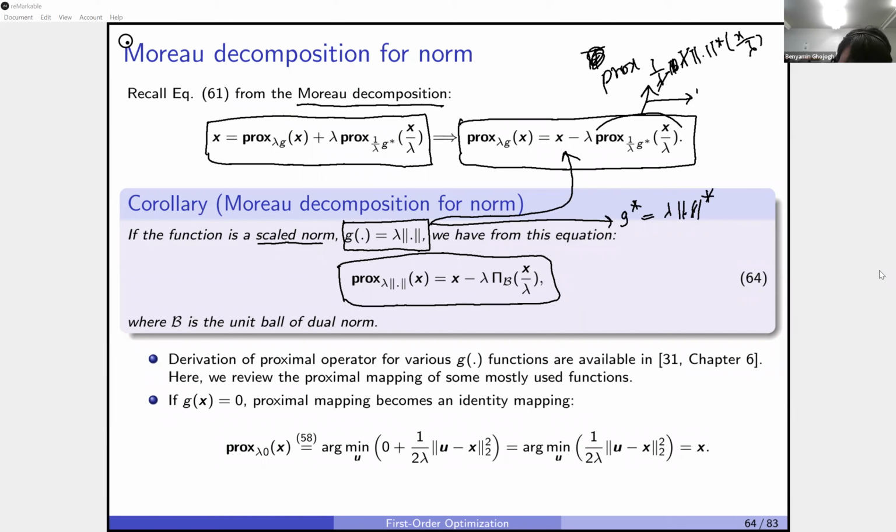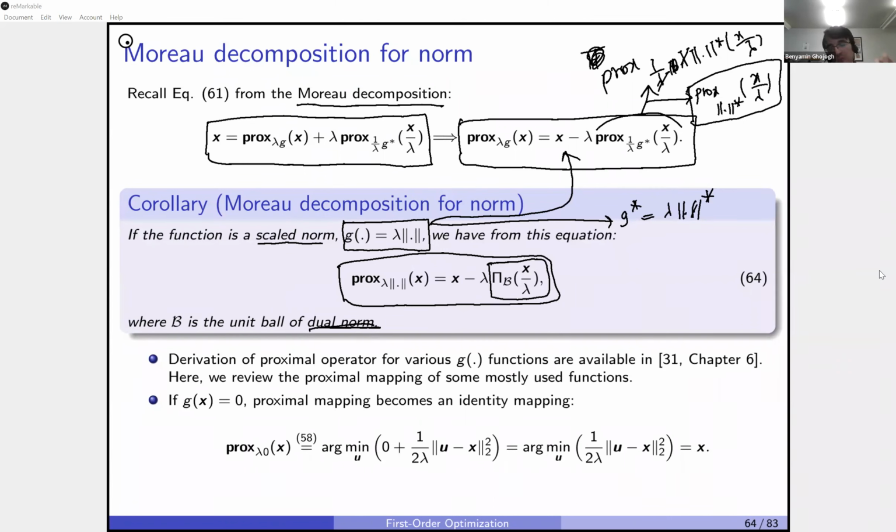So this becomes the prox of x over lambda with the function norm star, right? And what does it mean? It means project it here. According to what we just talked about, this is an indicator function of whether the input is in the dual norm or not. Therefore, it's a projection onto the dual norm.